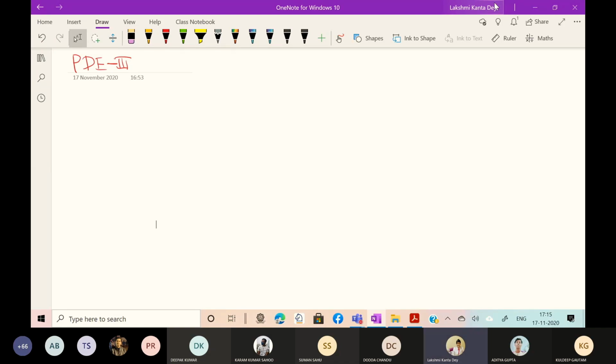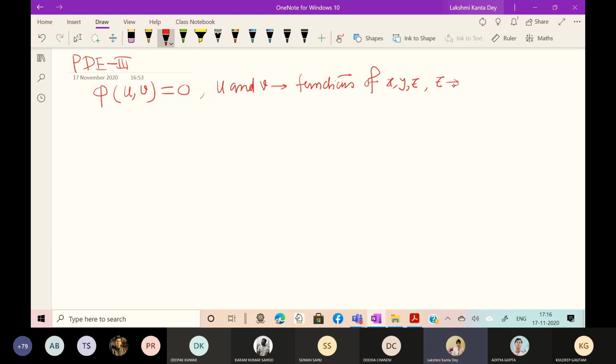Suppose phi is an arbitrary function. It is connected by u and v, where u and v are functions of x, y, and z. z is the dependent variable, as usual, and x and y are independent variables.